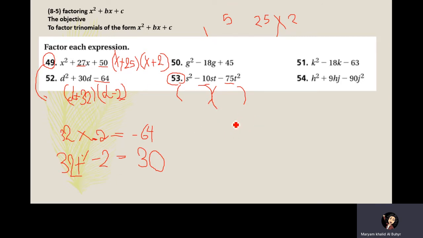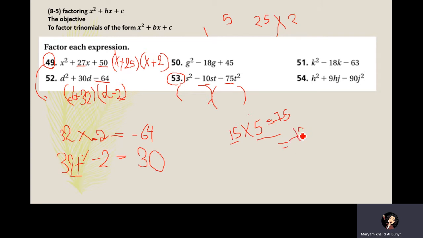So 75, I can think about it in many ways, but basically and easily I can think about 15 and 5. Once I multiply 15 and 5, I will get 75. But I need to have it negative 75, so I must add the negative with the 5 or 15. But I need to have it here negative 10.